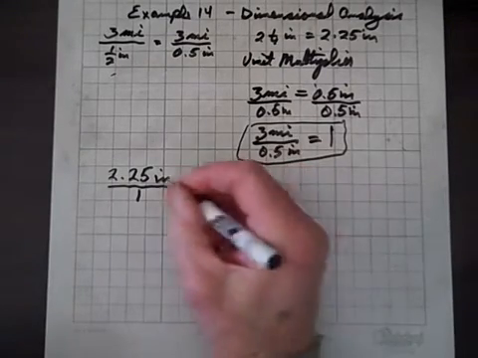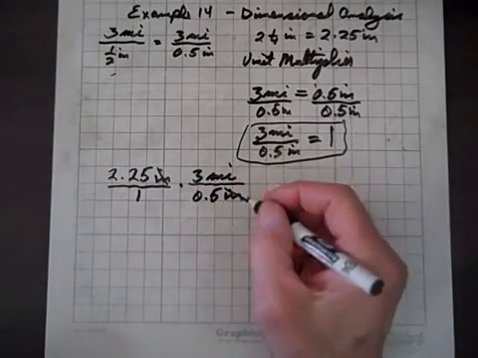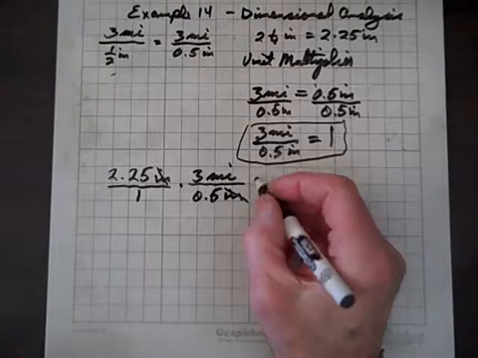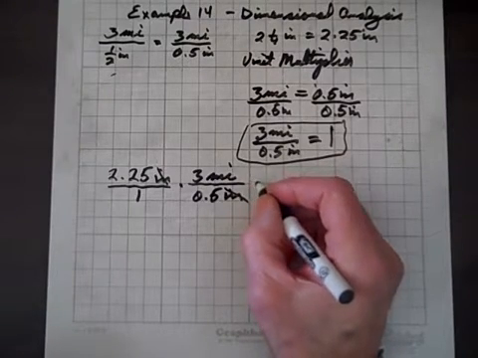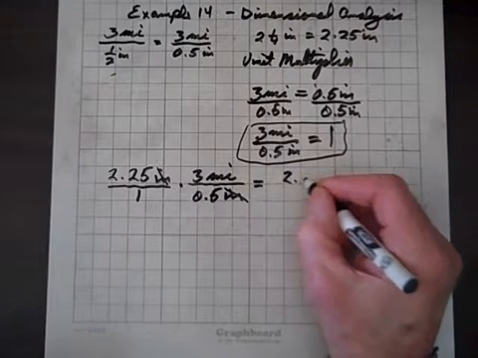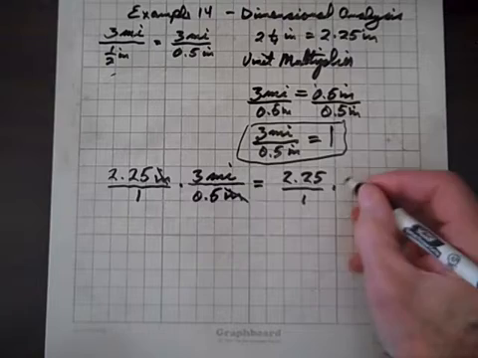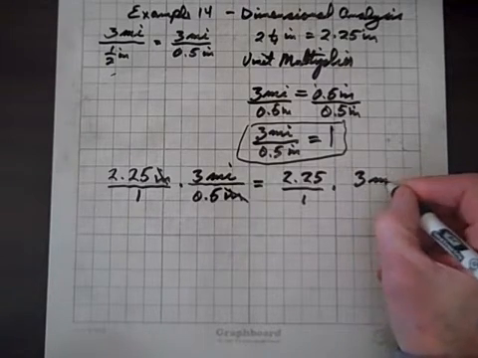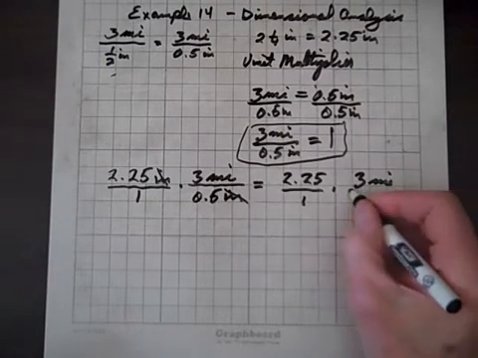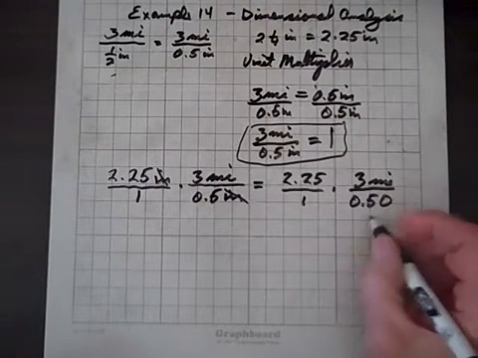And as you well know, the inches will divide out. They're in opposite positions, numerator and denominator. And so now we have 2.25 over 1 times 3 miles over 0.5. And I'm going to tag a 0 on there.